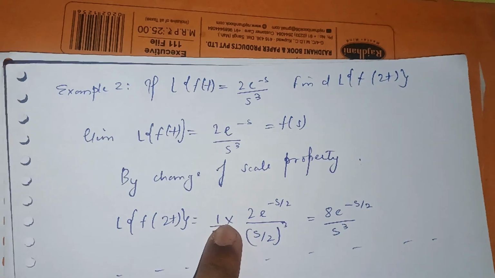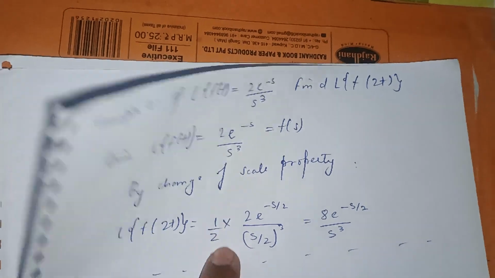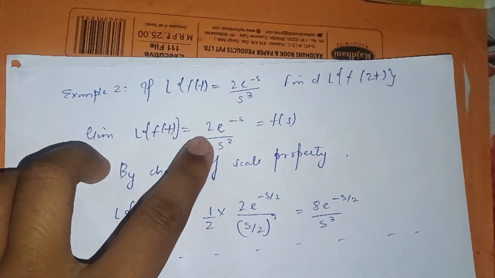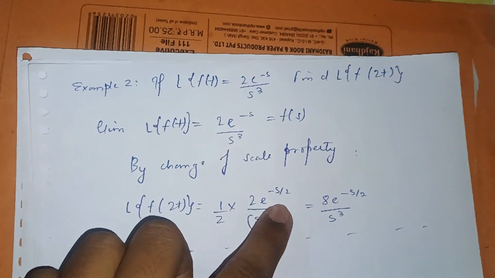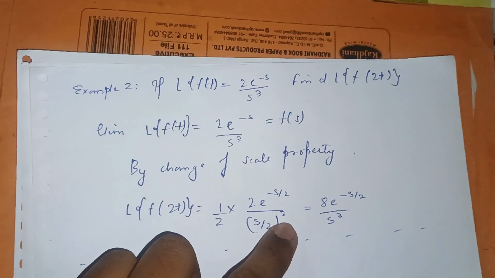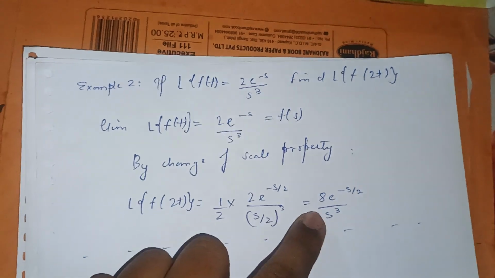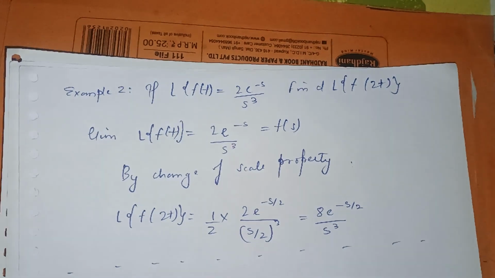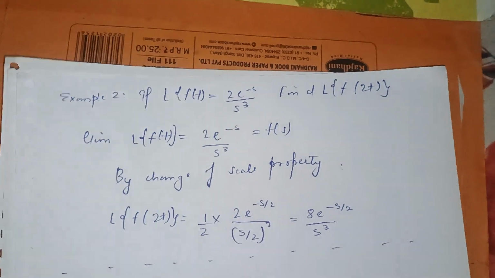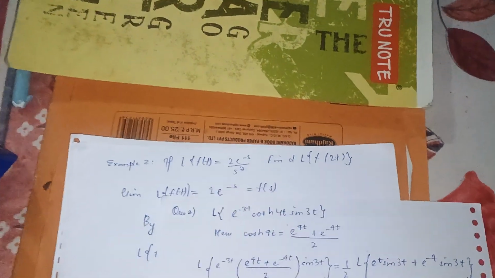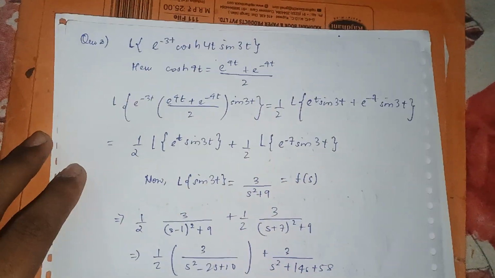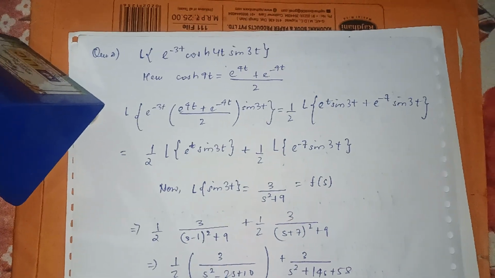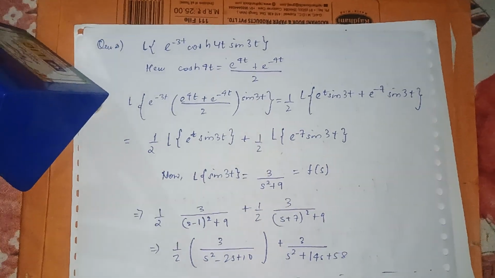Then here for 1 by a we write 1 by 2, and F of s by a is given as 2 e raised to power minus s by 2 upon s by 2 whole cube, and we get the final answer 8 e raised to minus s by 2 upon s cube. Now here is a third example to get a better understanding of these two topics.